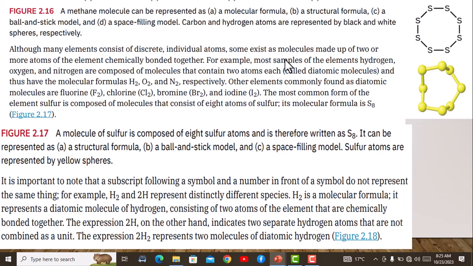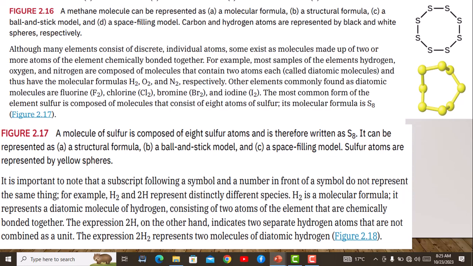For example, most samples of elements like hydrogen, oxygen, nitrogen are composed of molecules that contain two atoms each, called a diatomic molecule. Di means two. Thus they have the molecular formulas H2, O2 and N2 respectively, and this is by nature.